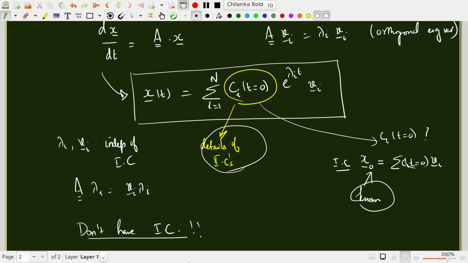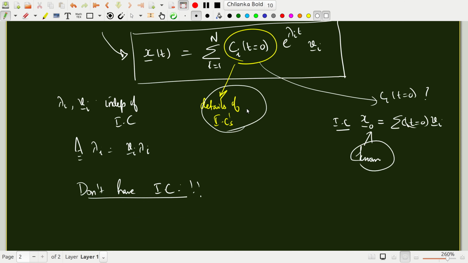Suppose you don't have the initial condition. What can we say about whether an initial condition will grow exponentially in time or decay exponentially?